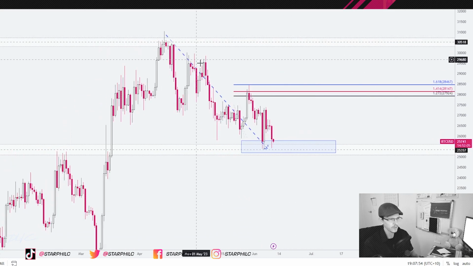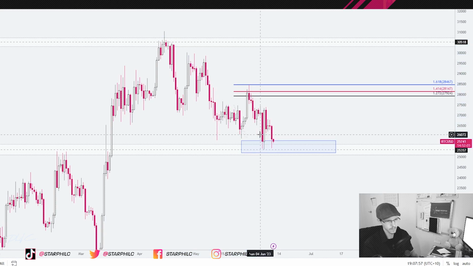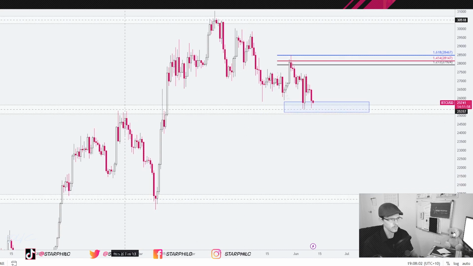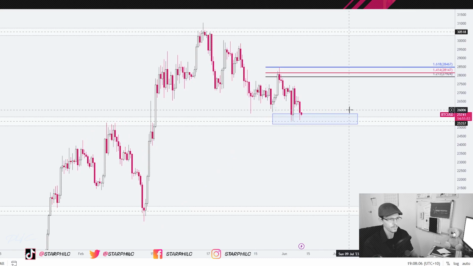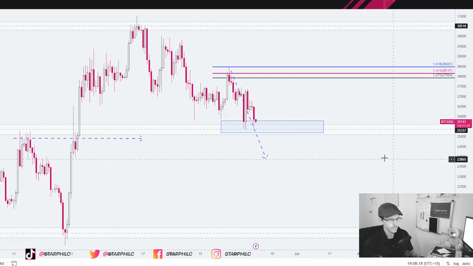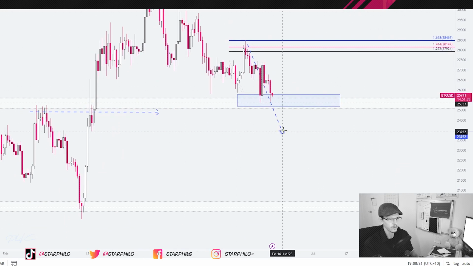So as you can see, price action coming all the way down on Bitcoin right here. We're looking for a potential buy. Why? Well, price action is in the direction towards the upside. But what if we get a move all the way down, closing below this structure level right here? Well, the same thing applies. We expect price action to pull back into this level. So previous support would become new resistance, okay?